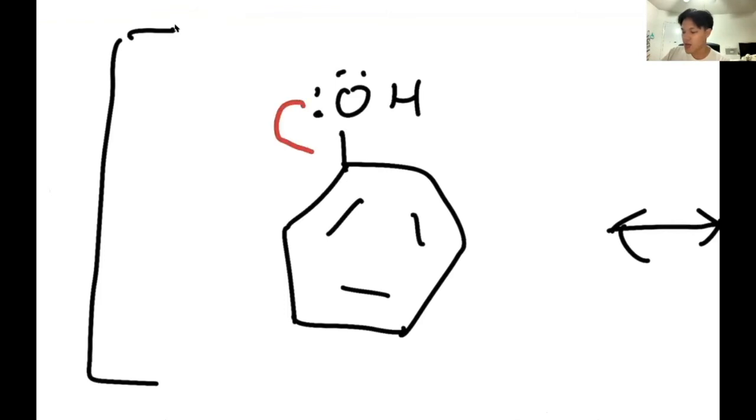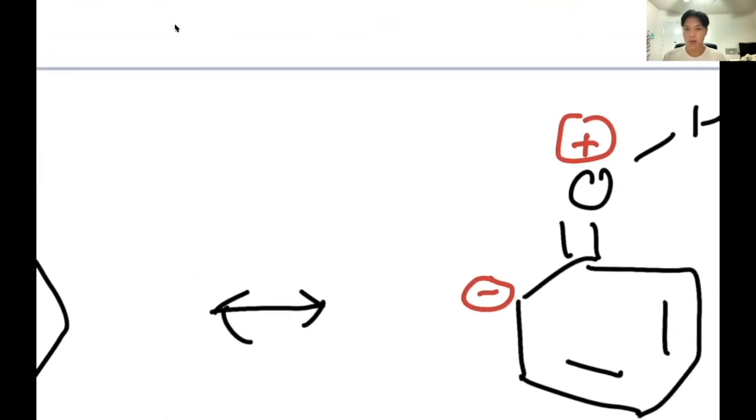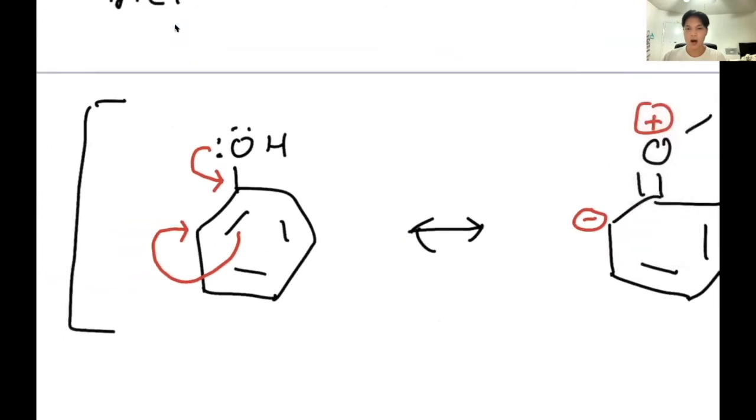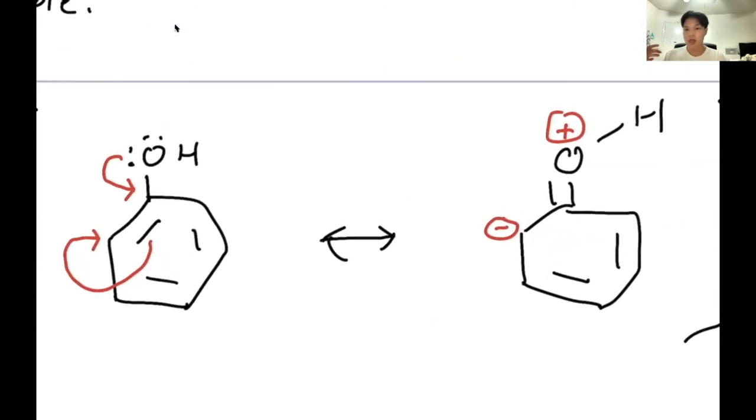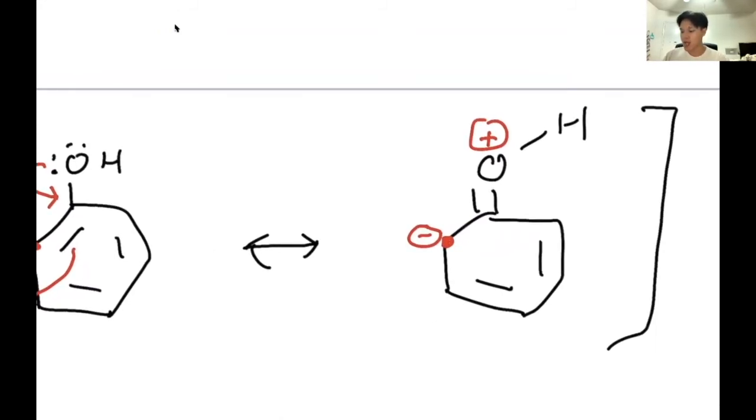It can come down and form a double bond with this carbon. But if we do that, then this double bond here will have to leave to this carbon, right? And if that happens, we form a C=O double bond with that oxygen, and we put the lone pair onto this carbon right here. And what does that give the carbon? It gives it a negative formal charge. And as you know, negative formal charges are good nucleophiles, which means it's going to be activating, right?